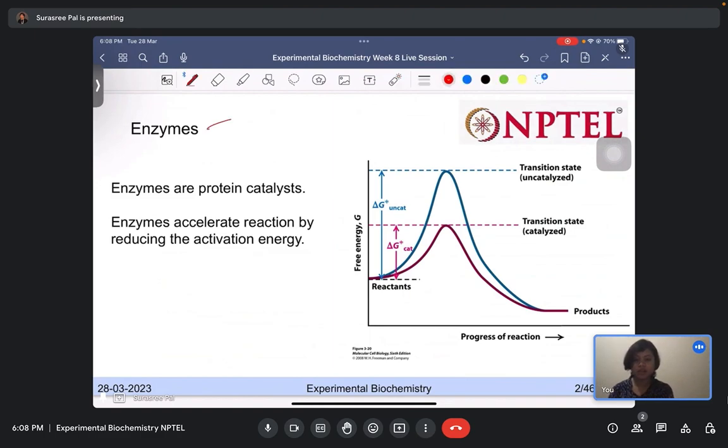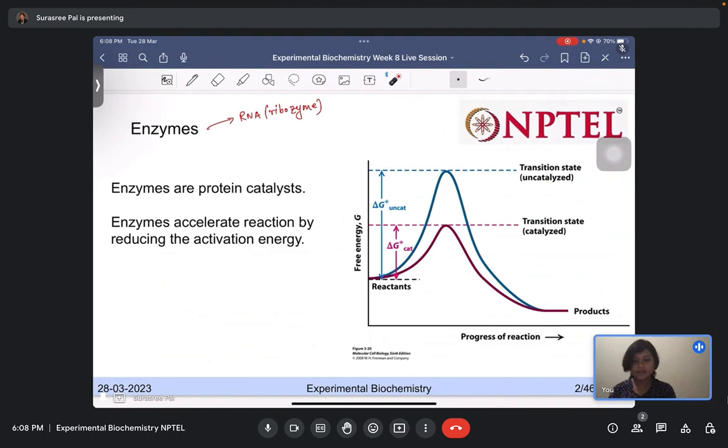So enzymes can also be RNA, and they are known as ribozymes, but enzymes mostly are proteins.